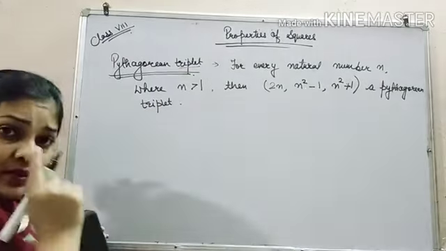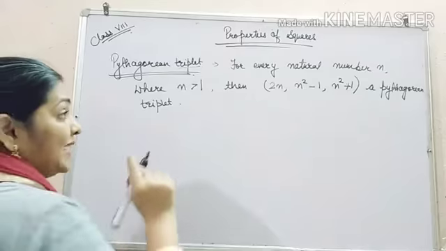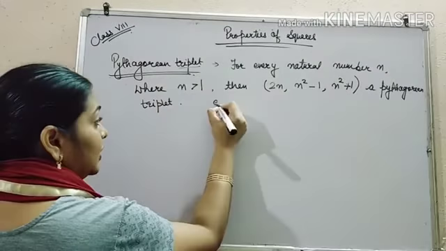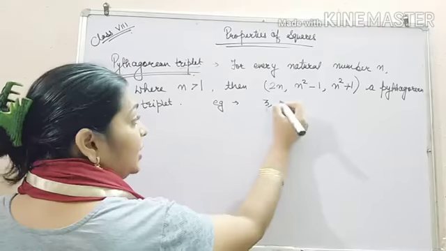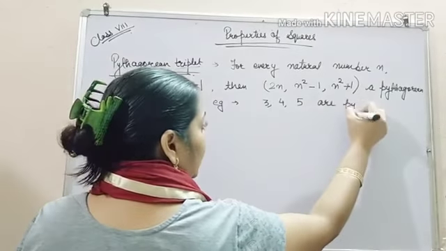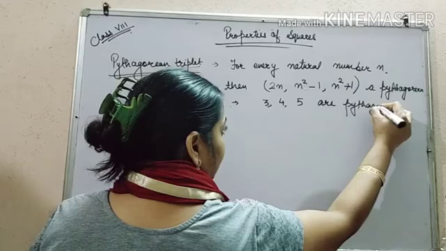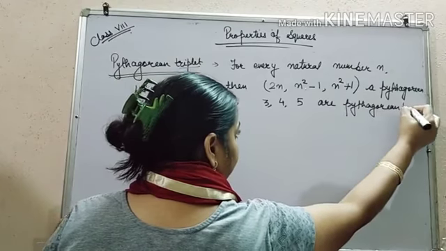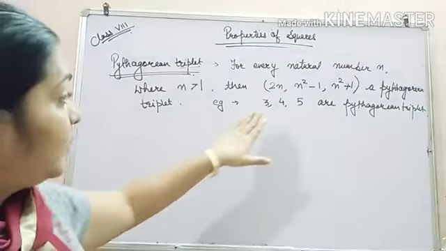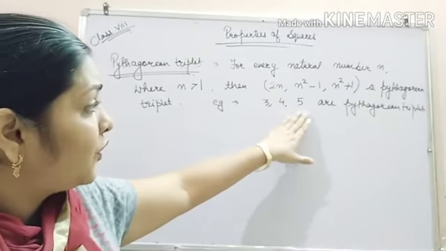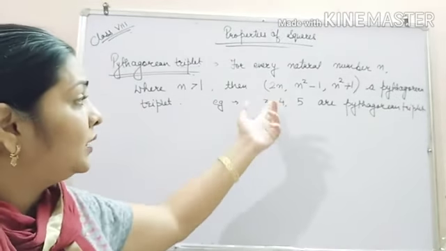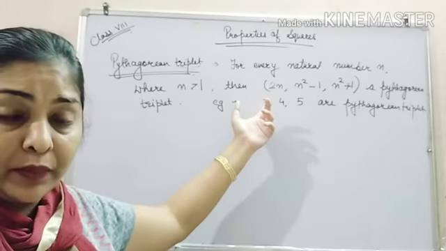In the previous example, we have seen that 3, 4, 5 are a Pythagorean triplet. Now you will say that ma'am, 3, 4, 5 are a Pythagorean triplet, but here it is given 2n and this is an odd number.